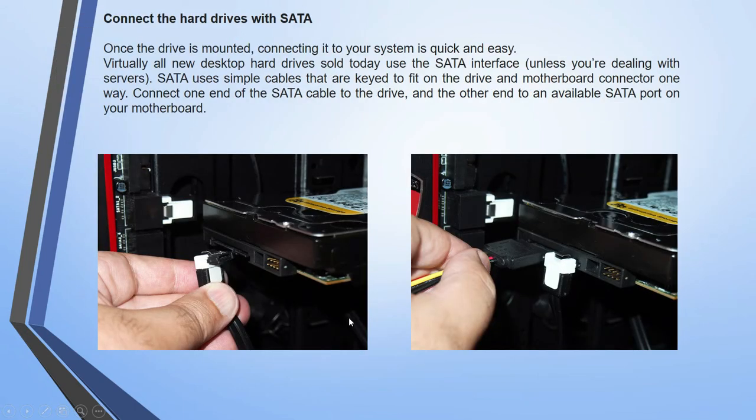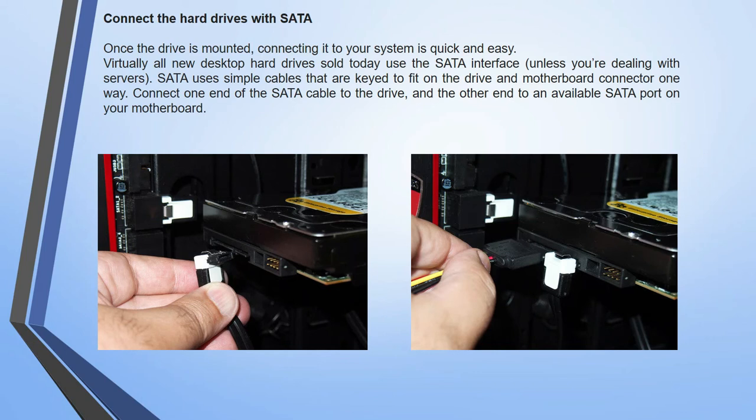Now, after fixing the hard drives, how should you attach the cables to your hard disks? That is called connecting the hard drive with SATA. Once the drive is mounted, connecting it to your system is quick and easy. Virtually all new desktop hard drives sold today use the SATA interface cable.